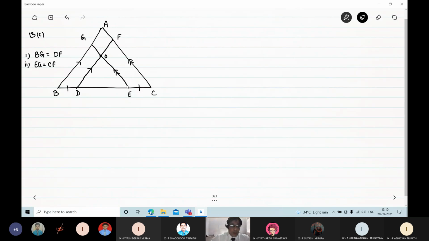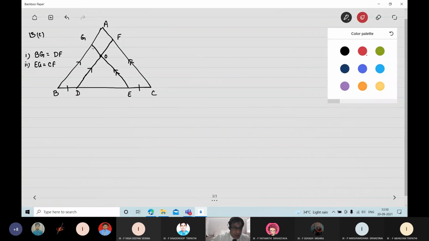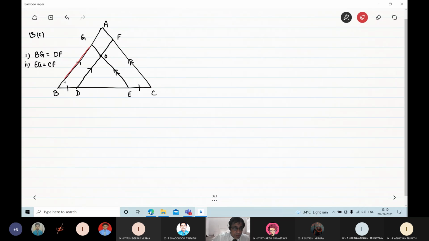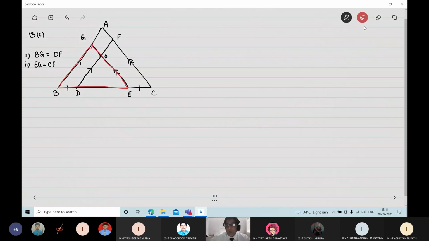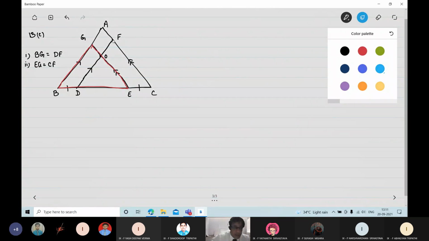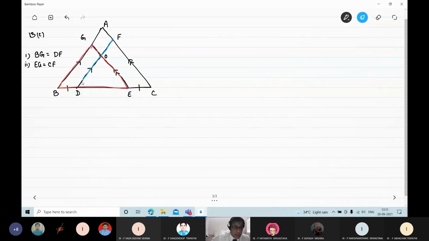So BG, if I take this triangle and these two triangles. So let's take these two. So I'm taking the first triangle as BGE. This is one triangle which I'm taking. The other triangle that I'm taking is this FDC.